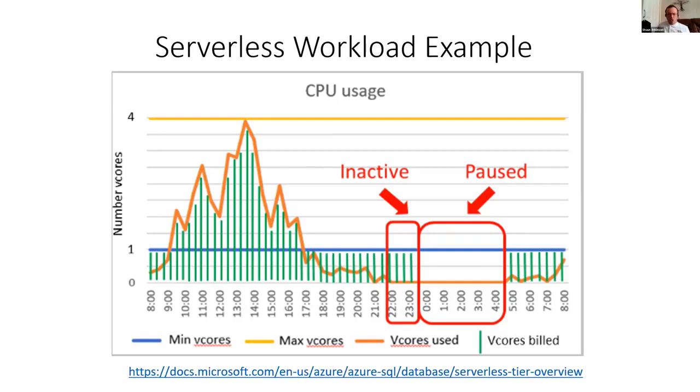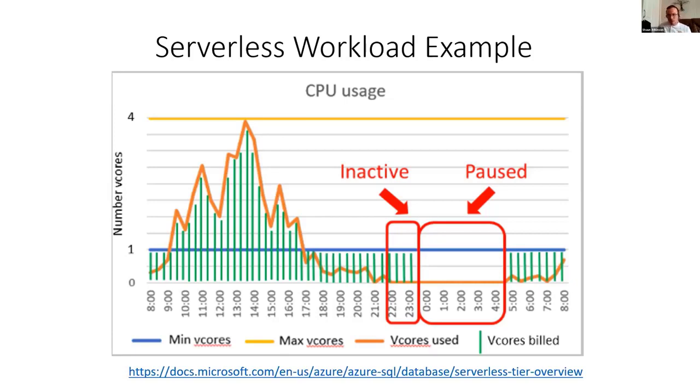During this everyday usage period, between 8 a.m. and 10 p.m. in this case, you're being charged for the vCores that you use, which is represented in this diagram by the orange line. And the vCores billed is represented by the green line. As you can see, it nearly always goes up to exactly the orange line, because you're being charged for what you use, as well as the storage that your database needs.